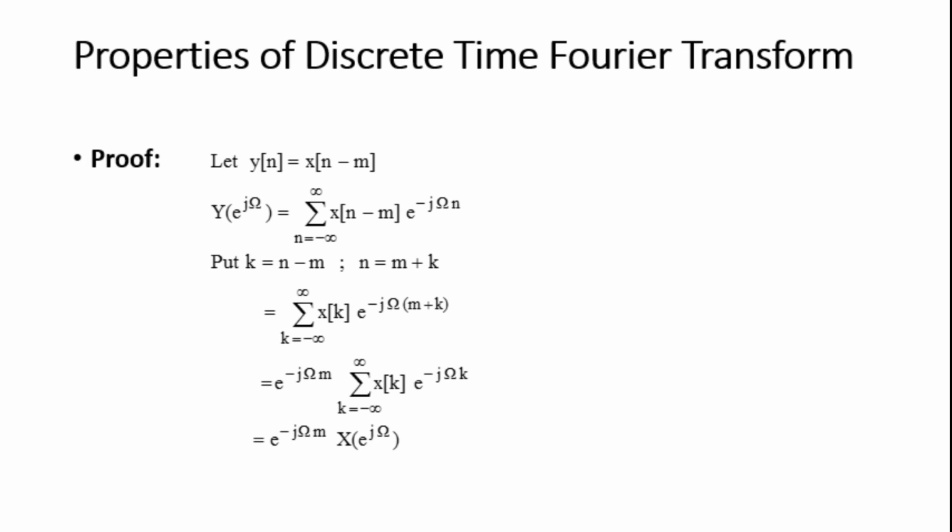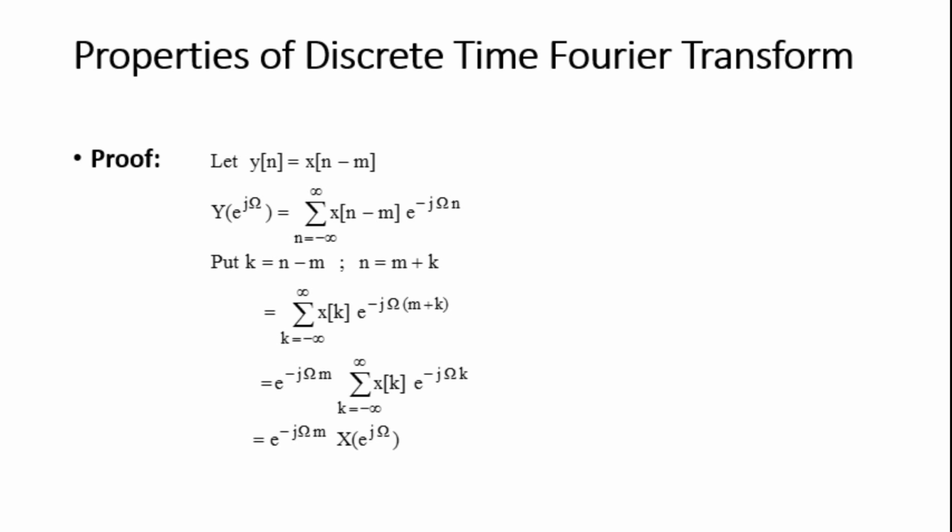Let us prove this. Let y of n is equal to x of n minus m. Then Y of e power j omega is equal to summation n is equal to minus infinity to infinity x of n minus m into e power minus j omega n.